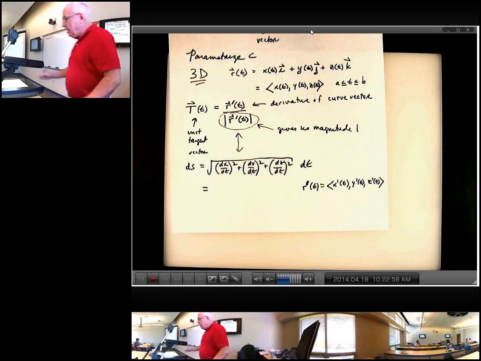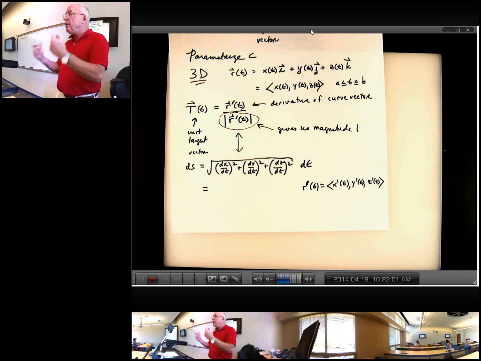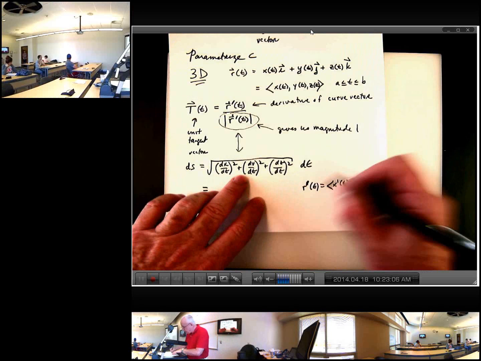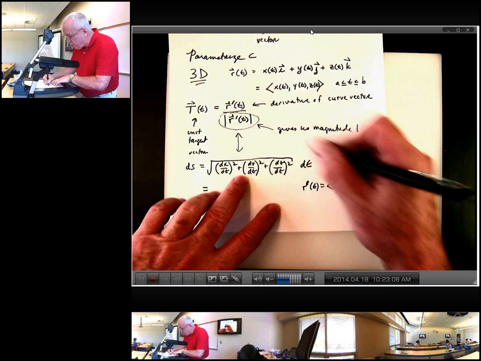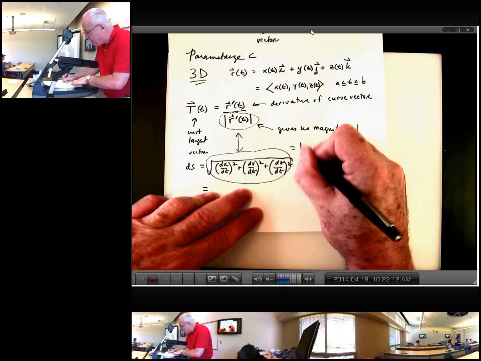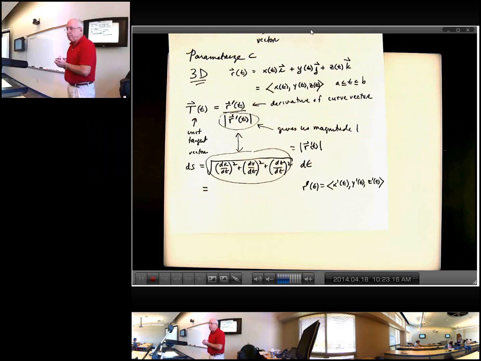And then if I take the square root of the sum of the squares, that gives me the magnitude of this. So this part right here is the same as the magnitude of the derivative of the curve.